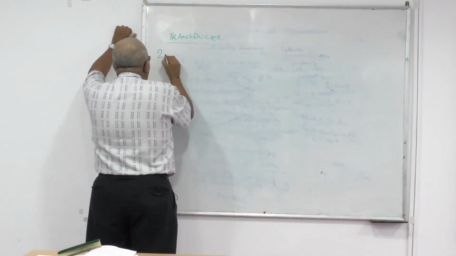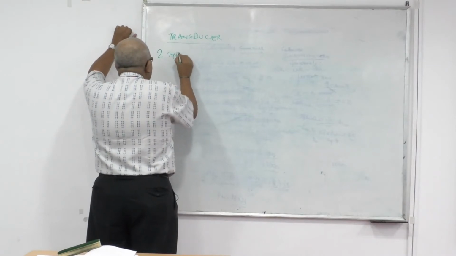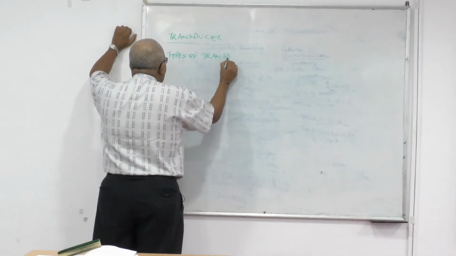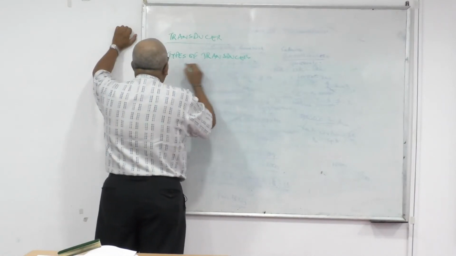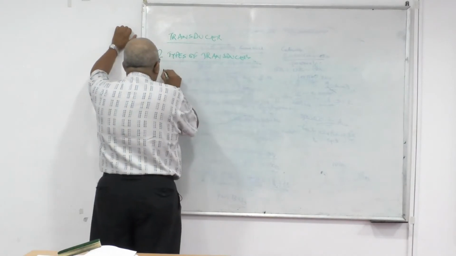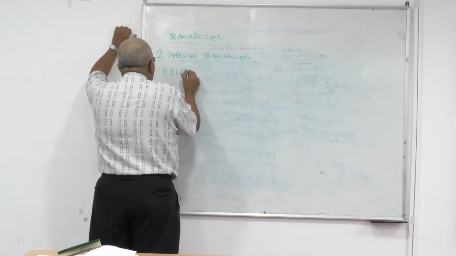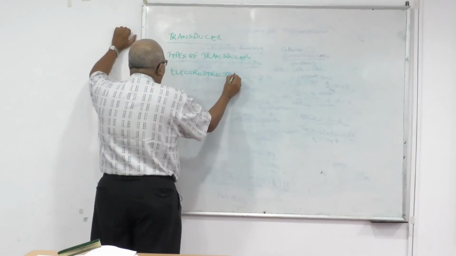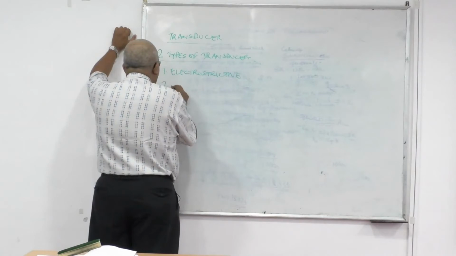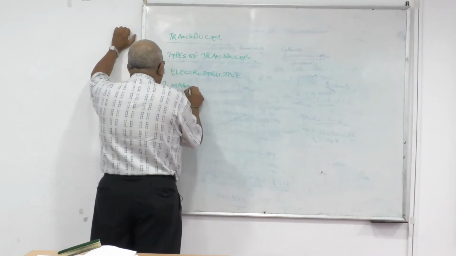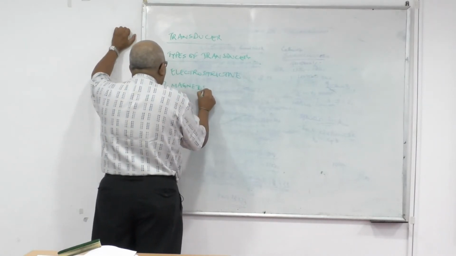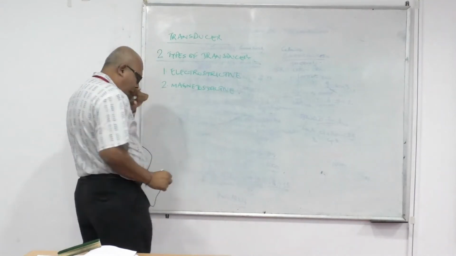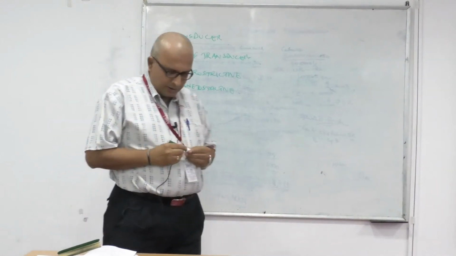There are two types of transducers: electrostatic and the other being magnetostrictive.